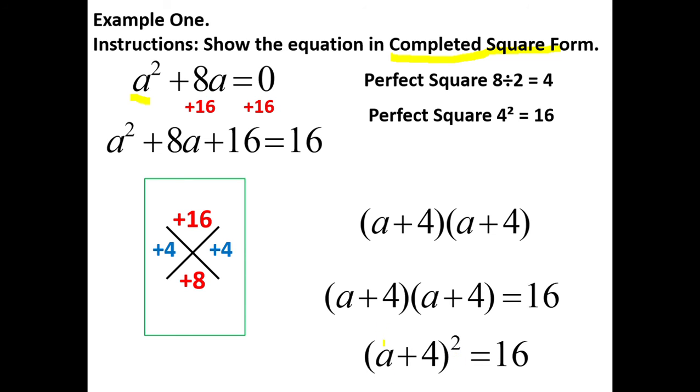It means this whole mess here times itself 2 times. Notice that the number we got here, the 4, is the number inside the factor. The second term of the factor is the 4.